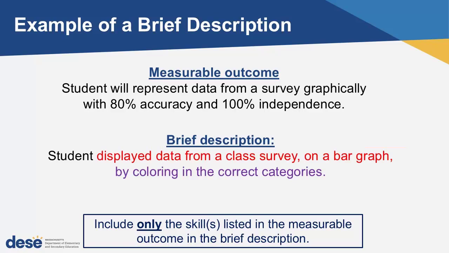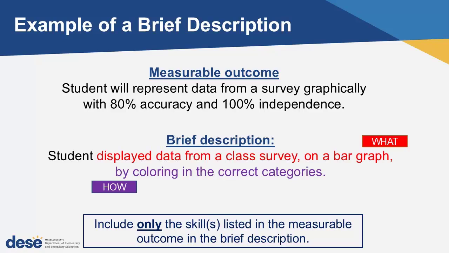The brief description that you tell us is that the student displayed data from a class survey on a bar graph by coloring in the correct categories. So you can see here that what's in red is what the skill is. What did they do? They displayed data from a class survey on a bar graph. How did they do it? By coloring in the correct categories. And you can see that this activity is aligned and documents that measurable outcome.